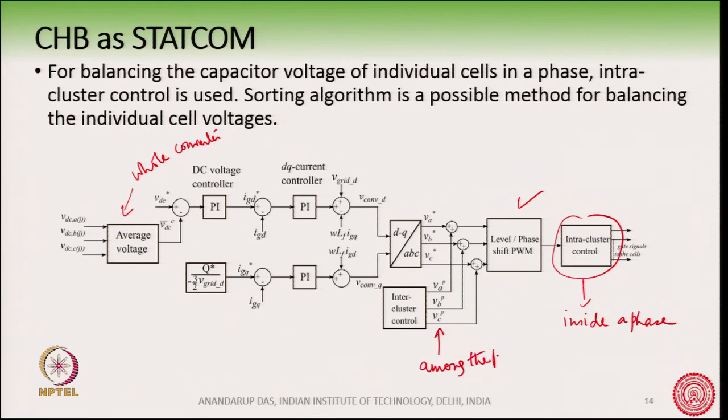So, this is the broad idea here. Inside the phases, if you do a sorting algorithm, then you will make sure that all capacitors are 1/4. Suppose there are 4 capacitors, 1/4 of the total DC link, okay. So, that is what this intra cluster control does, fine.